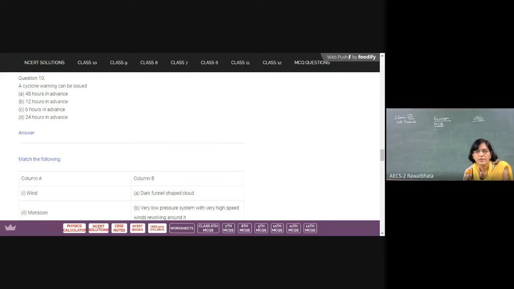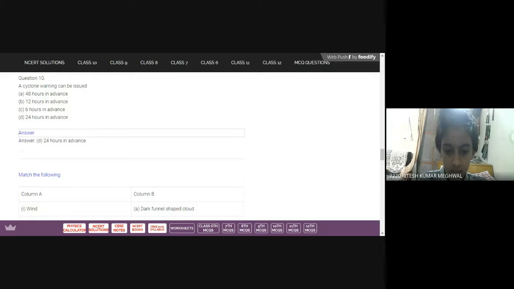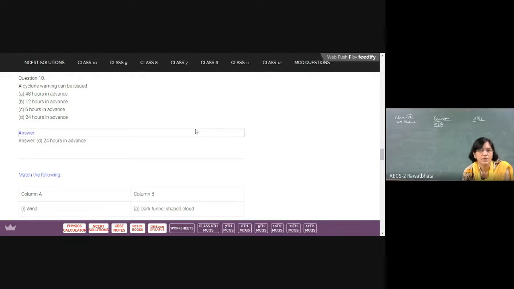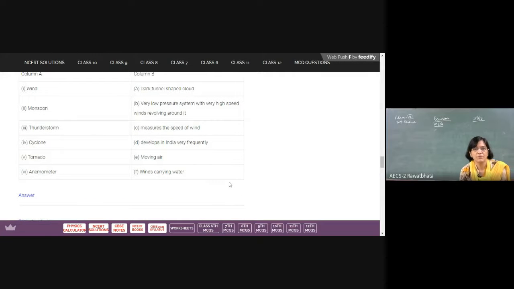Ritesh: Option D, 24 hours in advance. Yes. Good. Now match the following and read the options carefully before I click the answer. Try to attempt this. Try to go for the options.